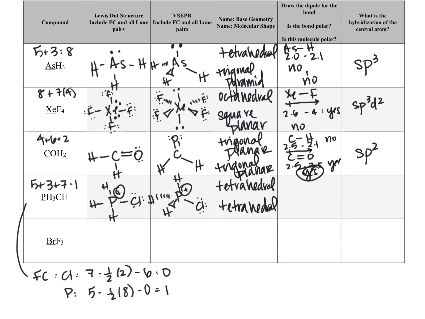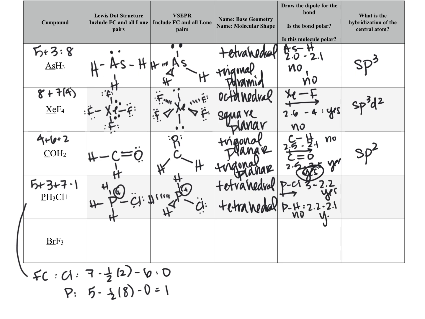So now we want to know, are the bonds polar or nonpolar? For phosphorus-Cl, the electronegativities are 3 minus 2.2, yes, and they go in this direction. So chlorine is more electronegative. Then phosphorus-hydrogen is 2.2 minus 2.1, and this is not.